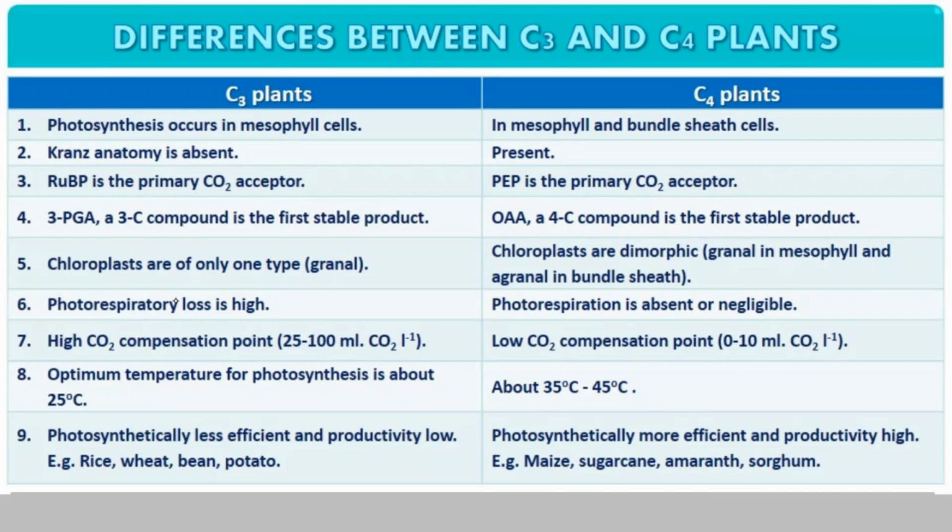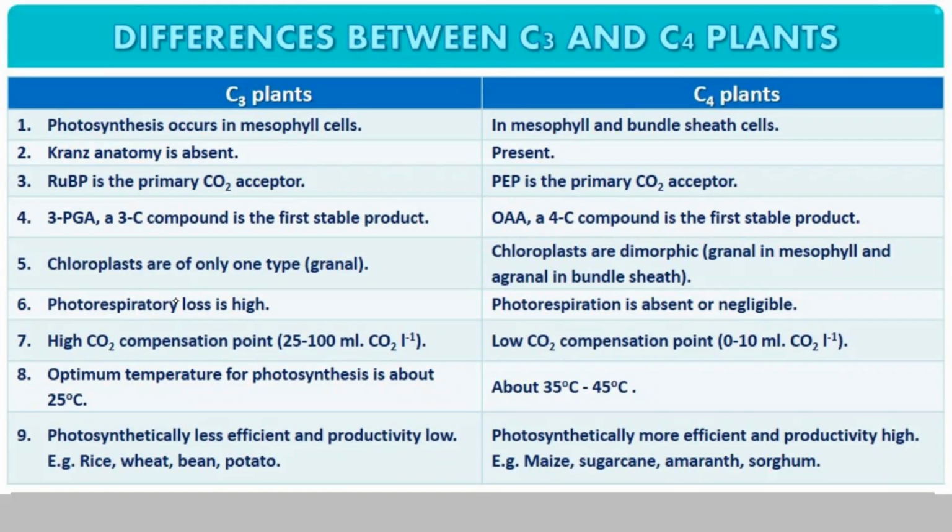Let's see the difference between C3 and C4 plants. In C3 plants, photosynthesis occurs in the mesophyll cell, whereas C4 plants have mesophyll cells as well as bundle sheath cells. Kranz anatomy is absent in C3 plants, whereas it is present in C4 plants.